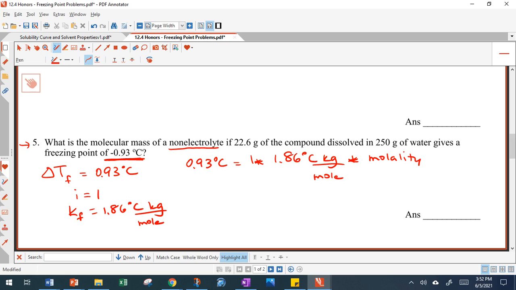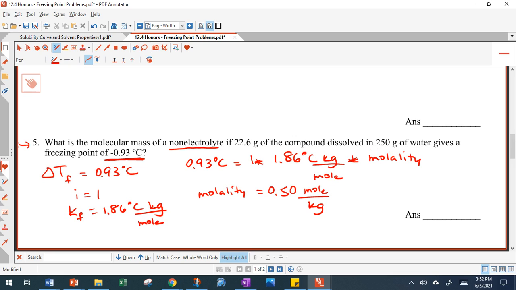So 0.93 divided by 1.86, and that gives us a molality is equal to 0.5, and I'm going to have 2 sig figs because of this. Actually, because of this, 0.50 moles over kilograms.